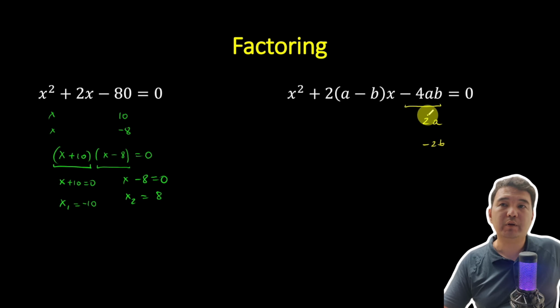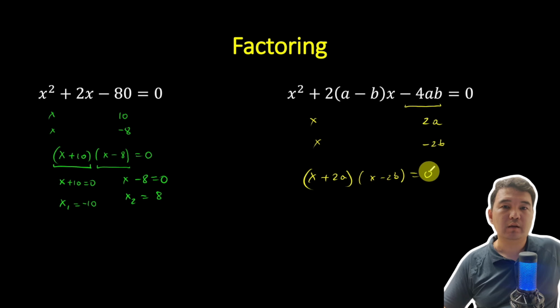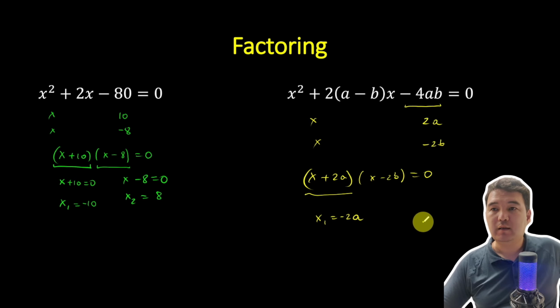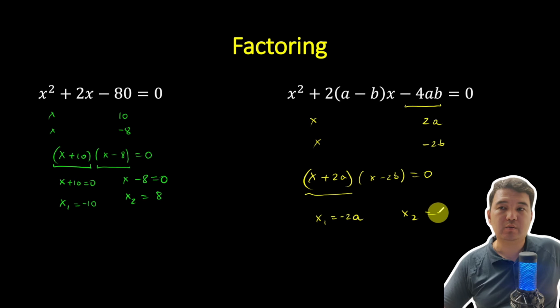If you add them together, you get 2a minus 2b. Factorization here is going to be (x plus 2a)(x minus 2b) equals 0. And if you solve each linear term, x1 is negative 2a, x2 is just 2b.